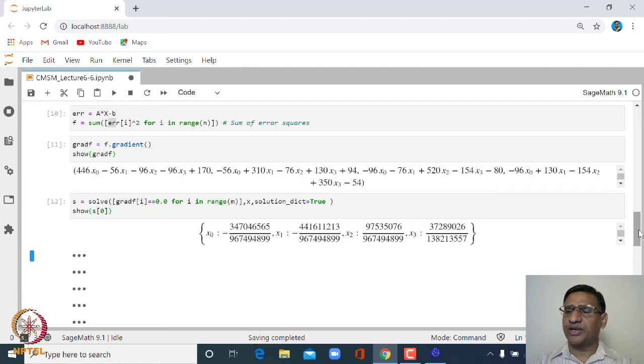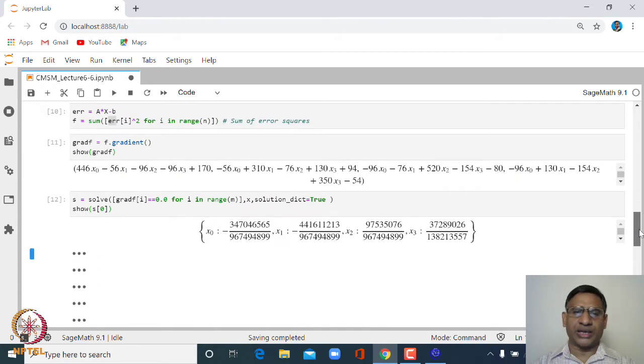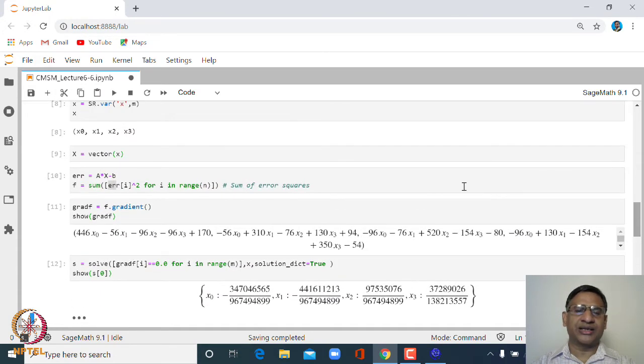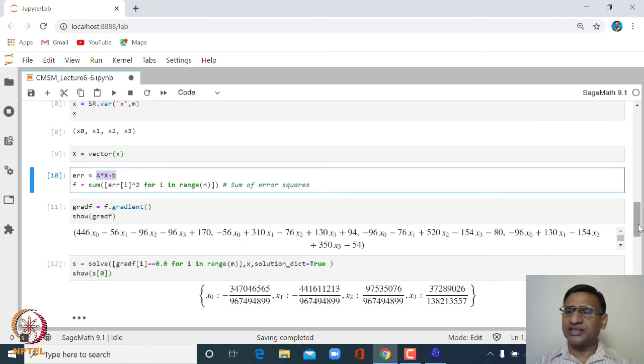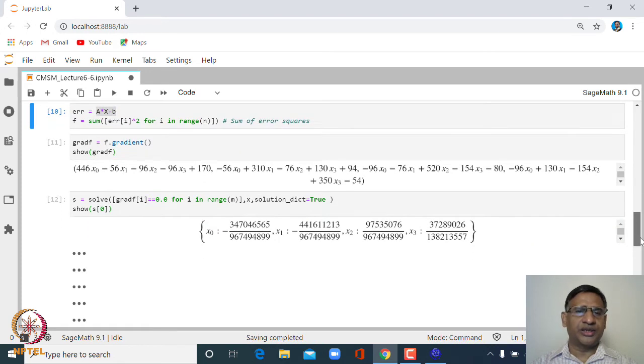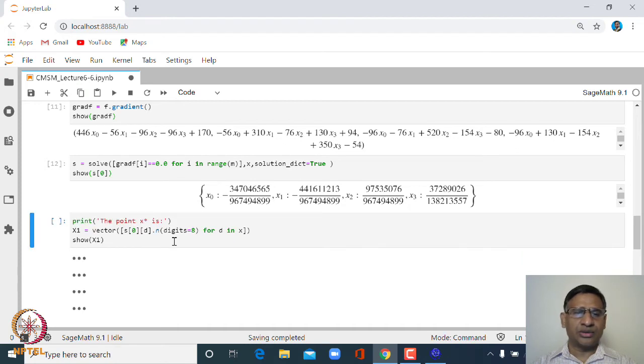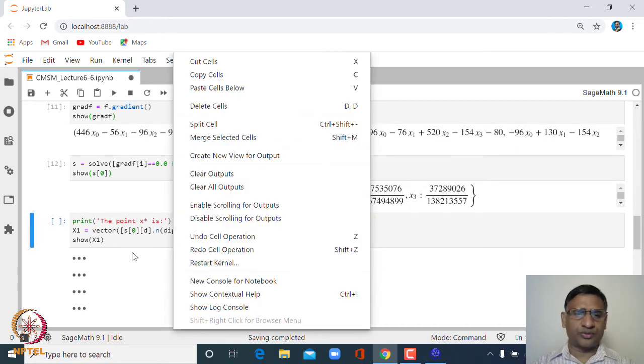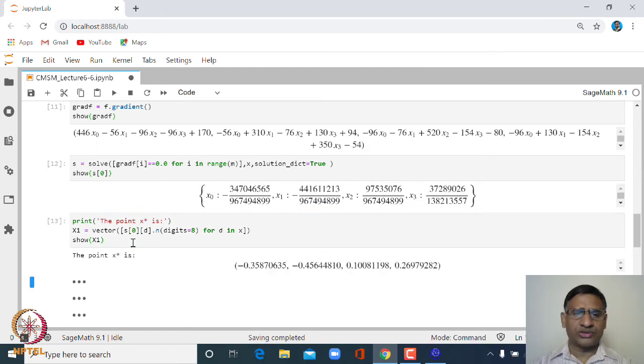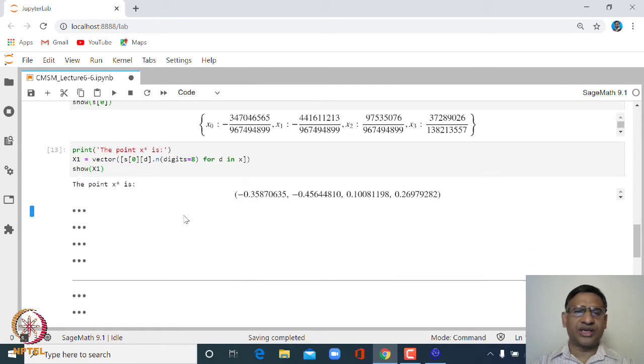So this is how we have already obtained it using calculus, except that there in calculus we wrote this as each coordinate. Here we are writing this as a matrix, as a distance from B to Ax. If you want to print the solution as a decimal value, this is what you get.